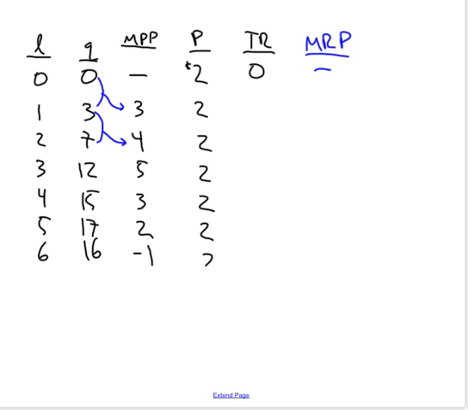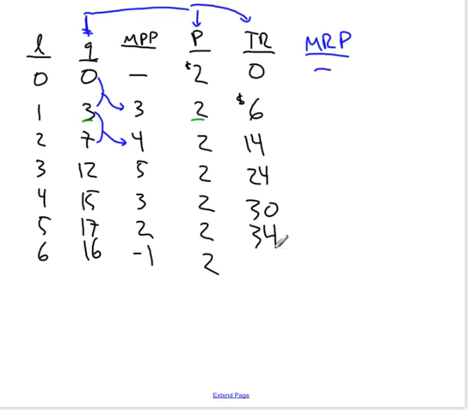And given that information, we can calculate total revenue, because total revenue is just Q times P. When you're selling 0, you don't make any revenue, but when you're selling 3 at a price of 2, 3 units of output at a price of 2 gives us a total revenue of 6. 7 at a price of 2, 14. 12 at a price of 2, 24. 30, 34, and 32.